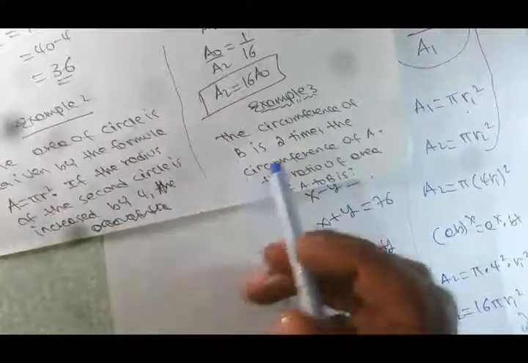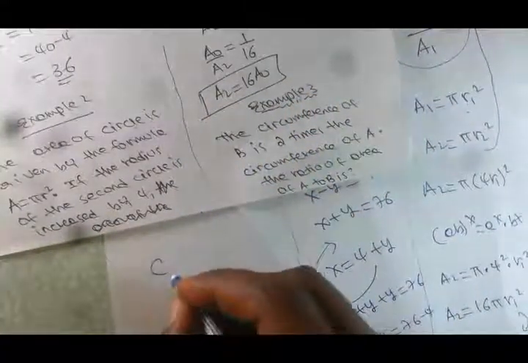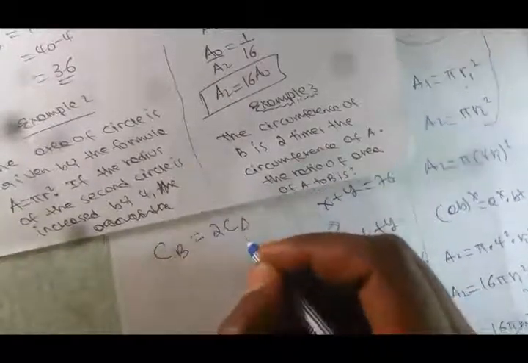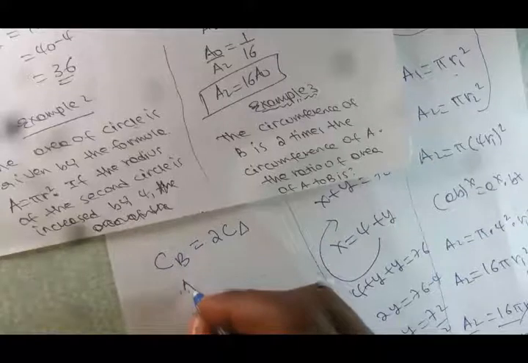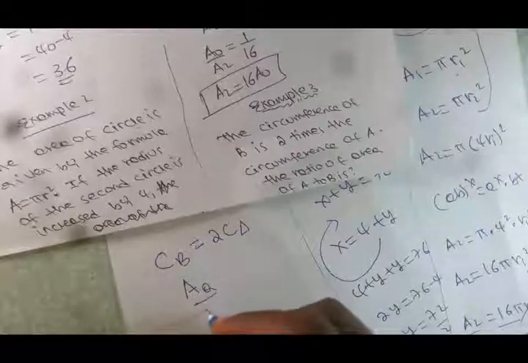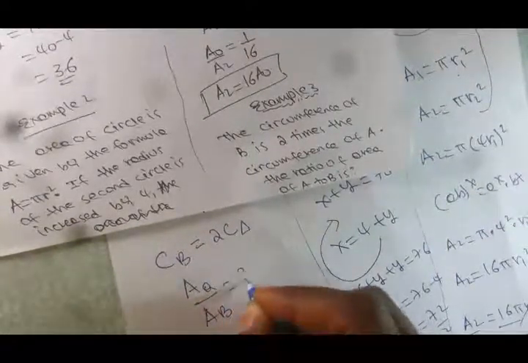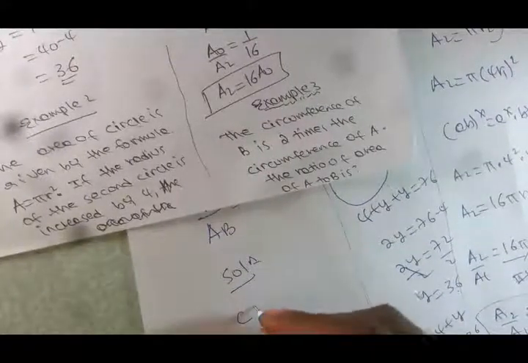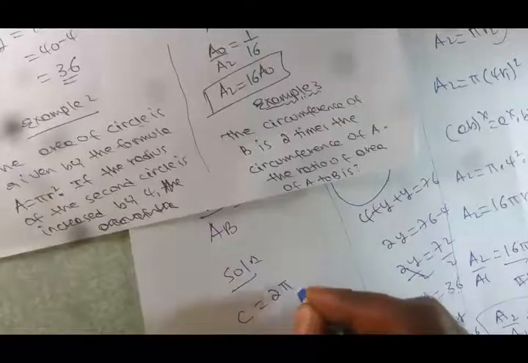Example 3 states that the circumference of B is equal to 2 times the circumference of A. And we are asked to find area of A divided by area of B. Solution. We know that circumference of a circle is given by the equation 2 pi r.